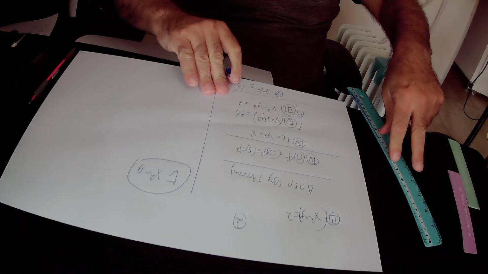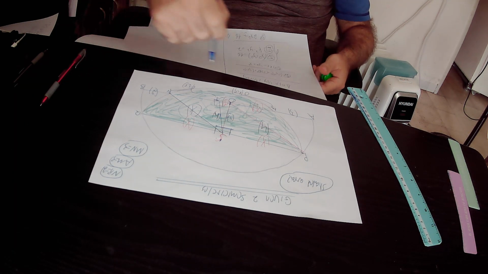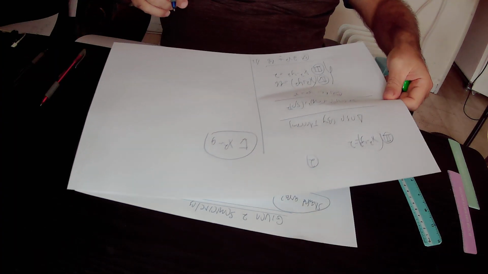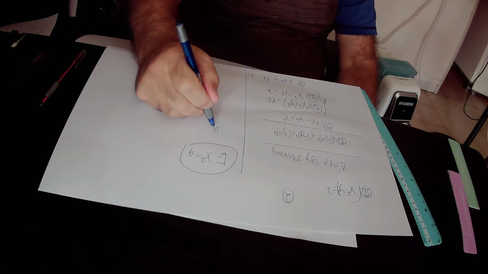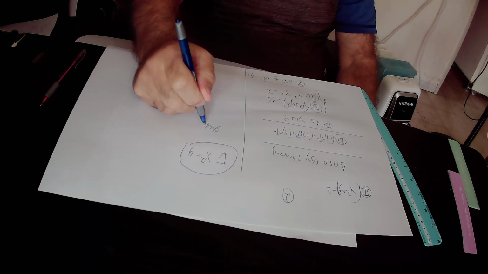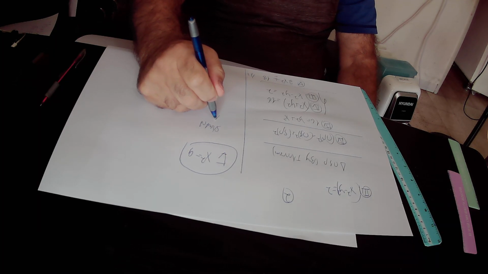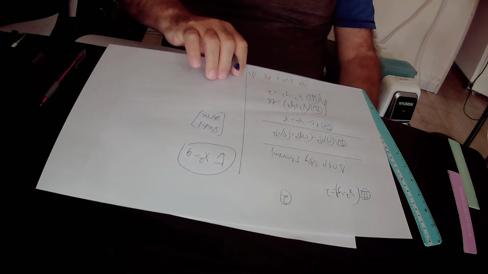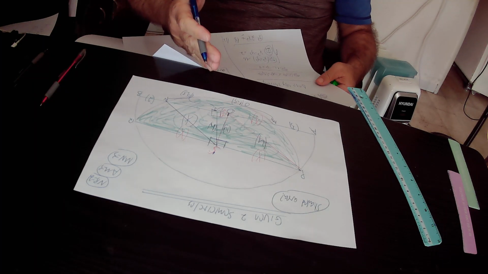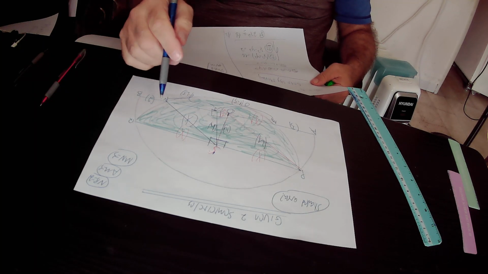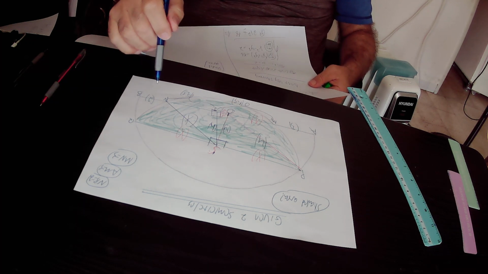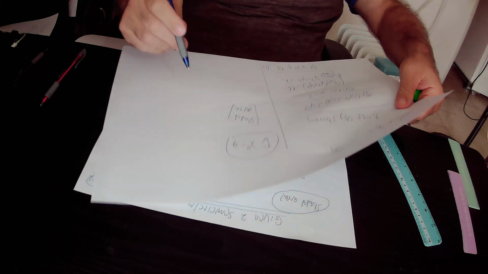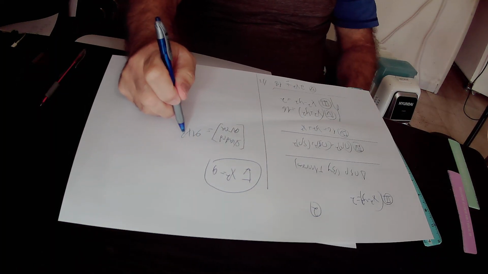Our task is to find the area of this small semicircle. So the shaded area, that is the area of the small semicircle, will be equal to pi x squared over 2, because the radius of this small semicircle is x, therefore the area must be pi x squared over 2.